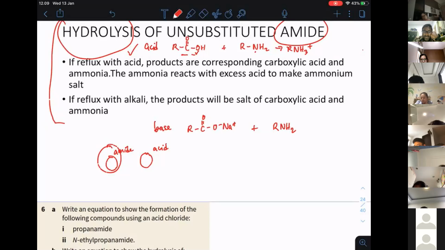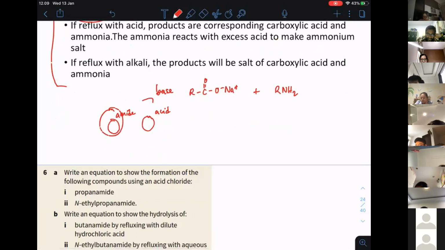But sometimes your acid is more compared to the amide. In that case, what will happen? This will happen if it is in excess. After the reaction happens, because of the excess of either the acid or the alkali, the reaction will proceed to give you further reactions.